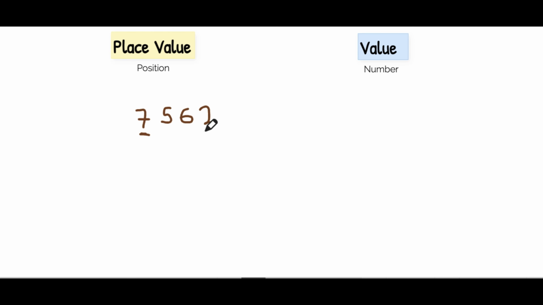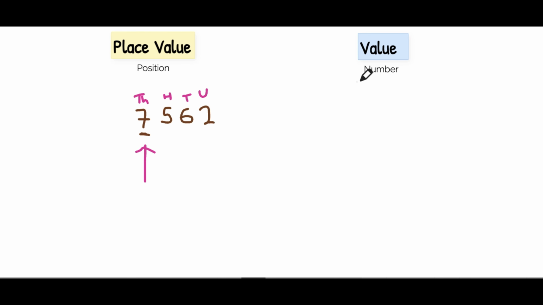Reading our numbers from right to left, we always start with units, tens, hundreds, and thousands. So the place value of the 7 is thousands. That's the position it's in. It's in the thousands position.